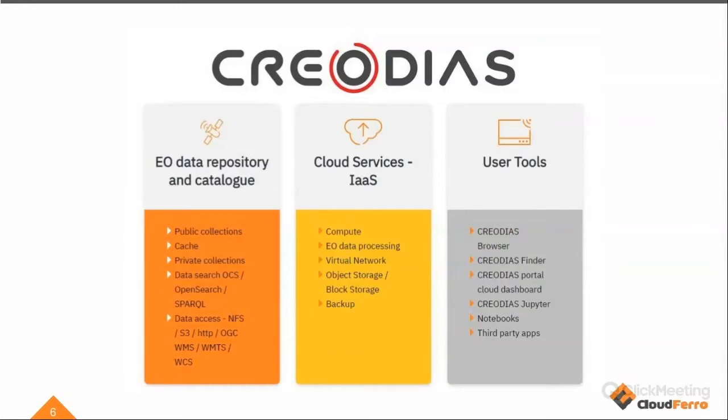What is more, CREODIAS also gives access to Jupyter notebooks, with different programming languages, such as Python, R, or Julia. So if you only wish to perform different analyses on the datasets, you can use scripts which are open, I mean, notebooks are available for free. And also, CREODIAS is a place for third-party applications.